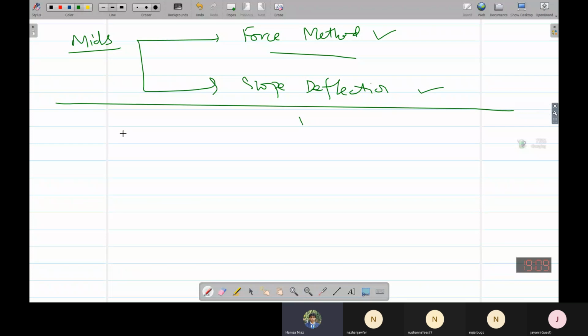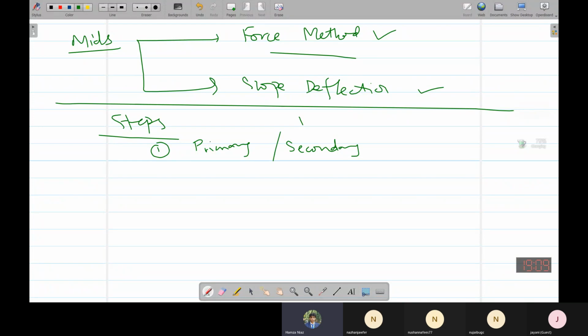First, I'll write some steps for force method. I find it much easier to remember those steps because in paper, if we just go through the examples, we forget one step or something, then that's difficult. So the steps would be, first we'll calculate primary and secondary or redundant structures.